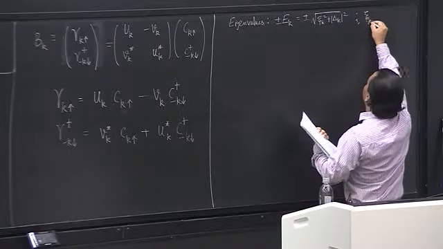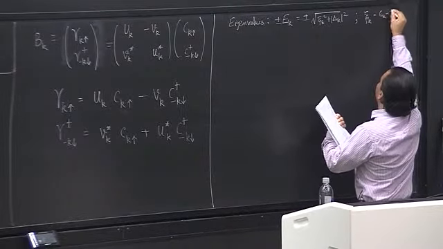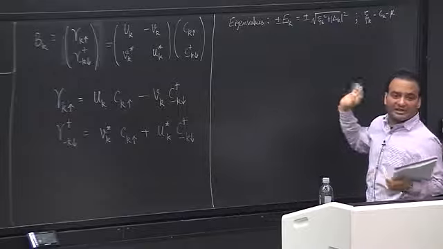This is the single electron dispersion minus the chemical potential, which at zero temperature is the Fermi energy.